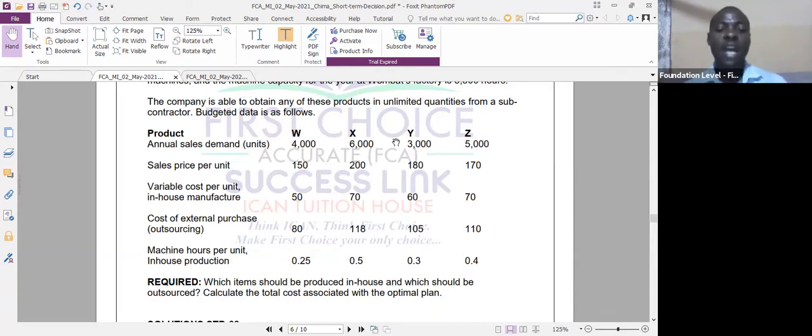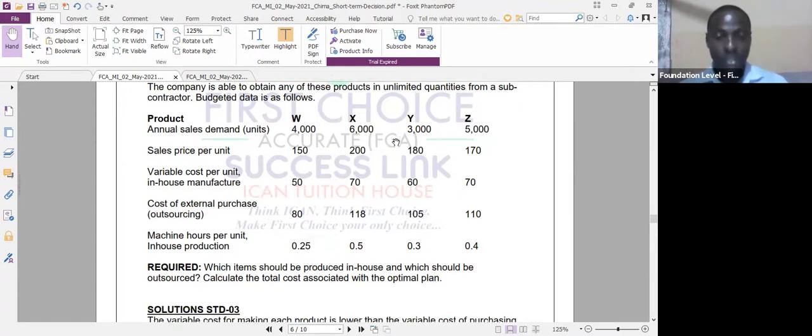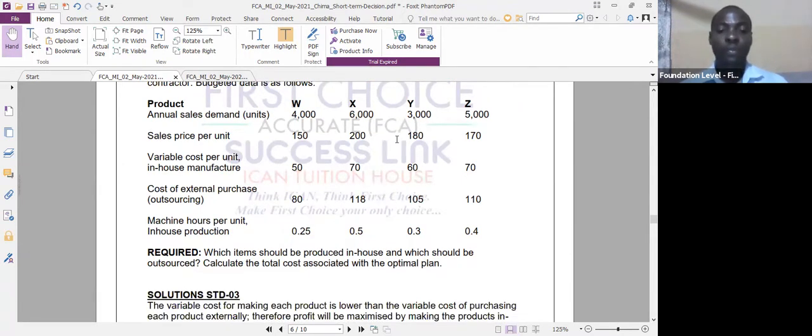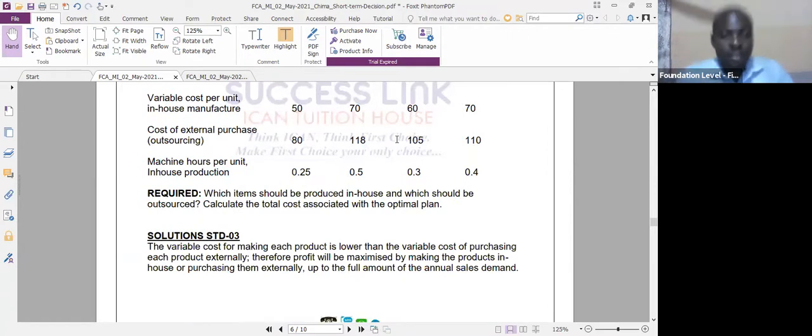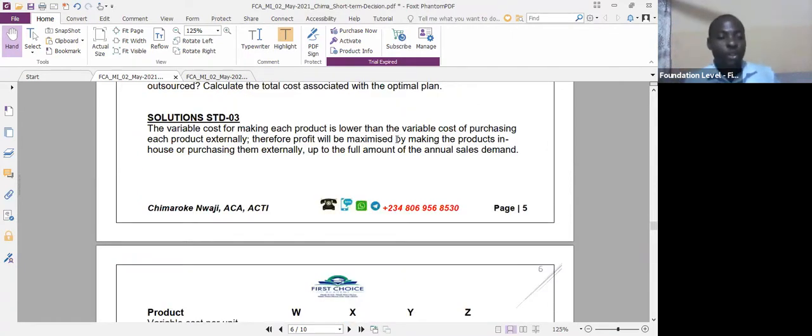Calculate the cost associated with the optimal plan. So what do we do? The variable cost for making each product is lower than the variable cost of purchasing each product externally.